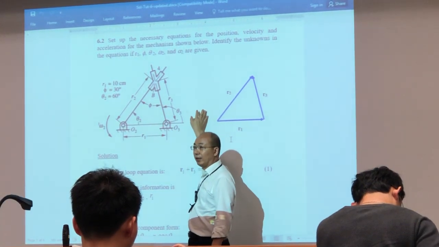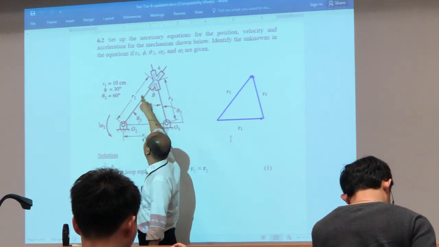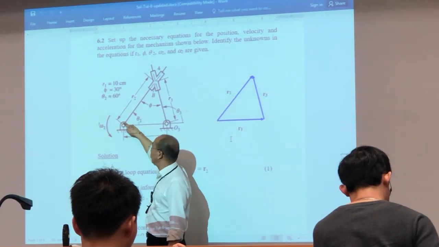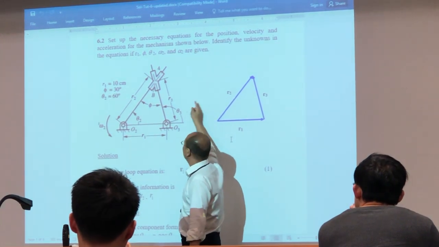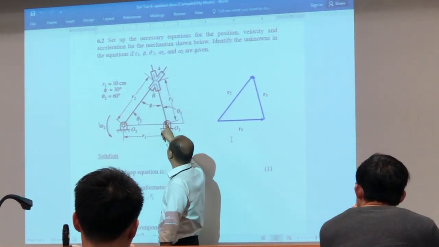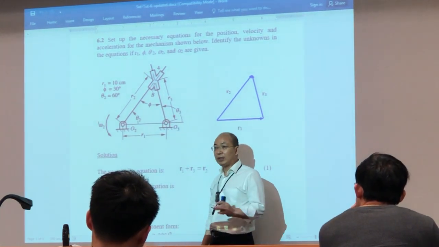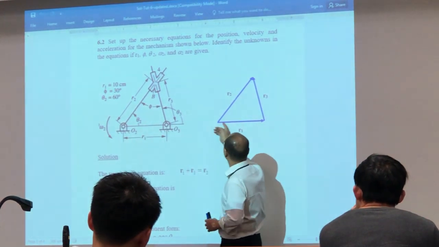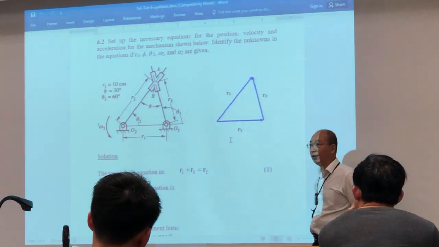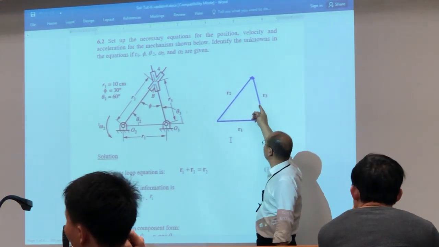This one is like a link, so you represent it by a vector R2. Then you represent this one by another vector R3. After that, you must close the loop, so we draw this ground link to close it. So that is vectors R1, R3, R2.